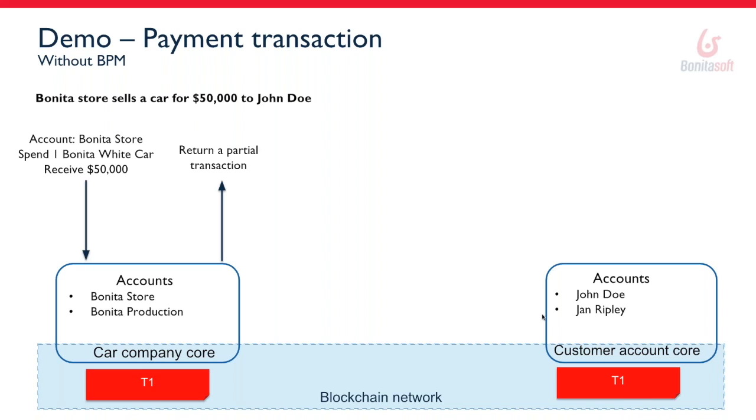In that transaction, I want the account Bonita store to spend 1 Bonita white car, and in exchange, I expect to receive $50,000. It will return what we call a partial transaction containing this information. This transaction will be signed by the Bonita store private key and so on.